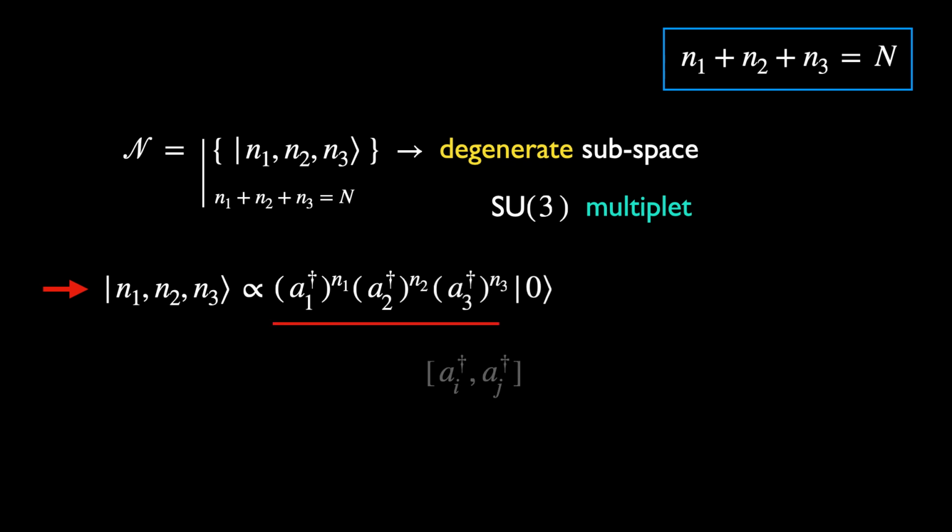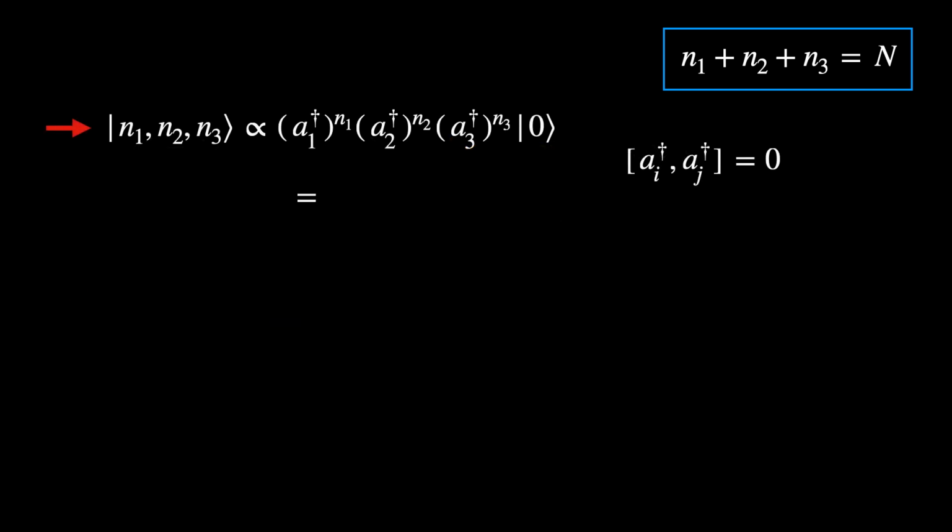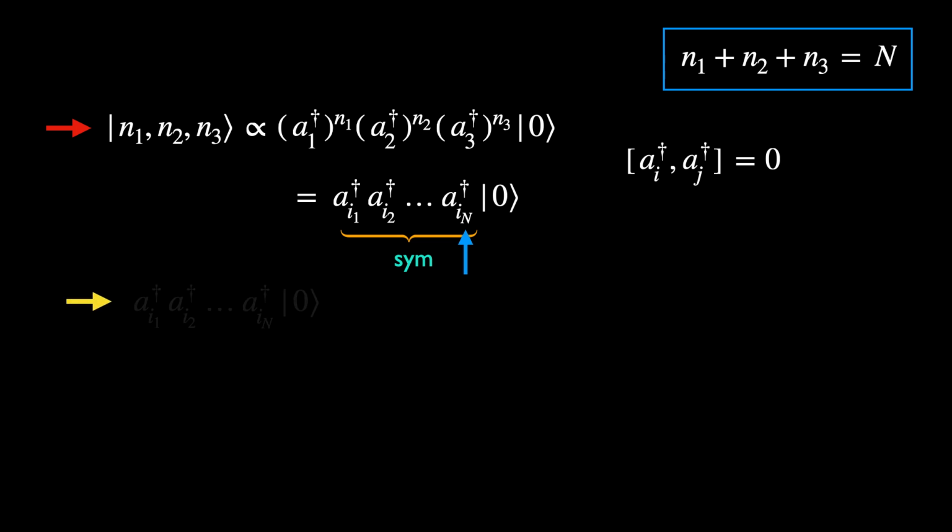And all these A daggers commute. This makes their indices symmetric. And there are N indices corresponding to N particles.